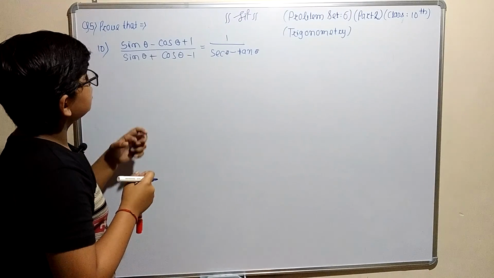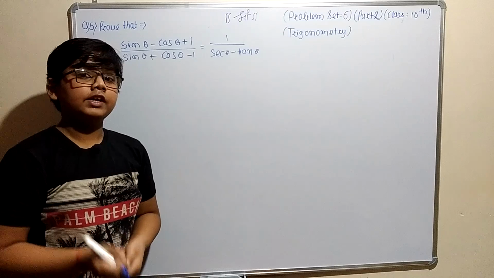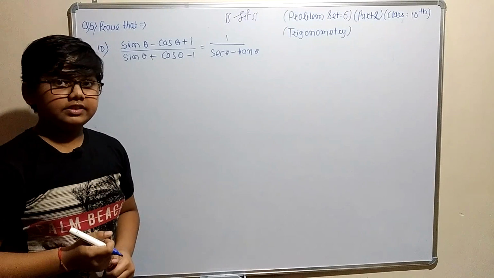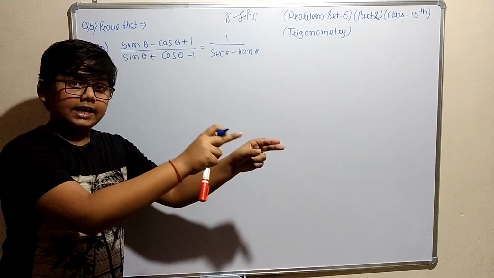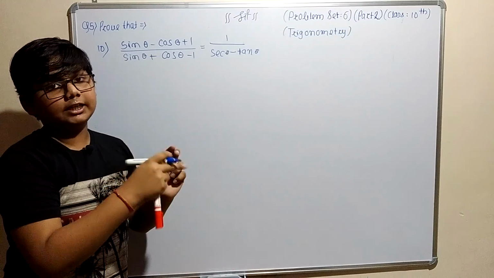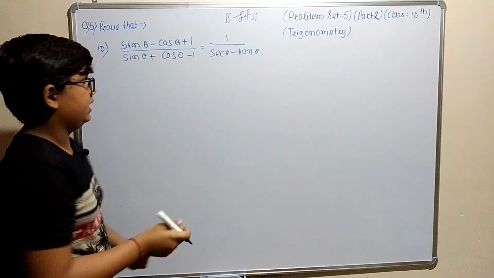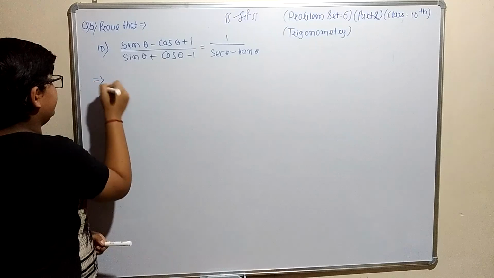Now by looking at this question only, we can say that it consists of the theorem on equal ratio. We know what is the theorem on equal ratio. We can add and subtract numerator and denominator, and multiply or divide. Now we will solve it.